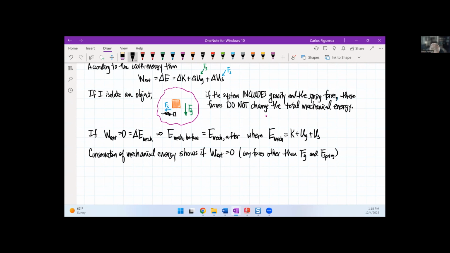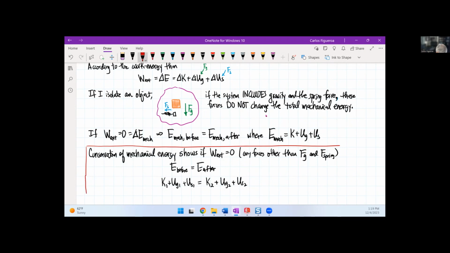So if there's no force that's not the force of gravity or the spring force, then the energy before the interaction and the energy afterwards are exactly the same. So then this tells us here that the kinetic energy of one, the gravitational one, the spring one is going to equal the kinetic energy afterwards, and so on. This is conservation of mechanical energy right here.